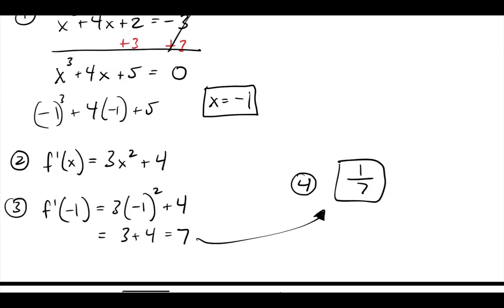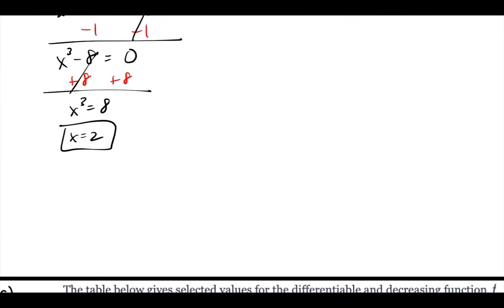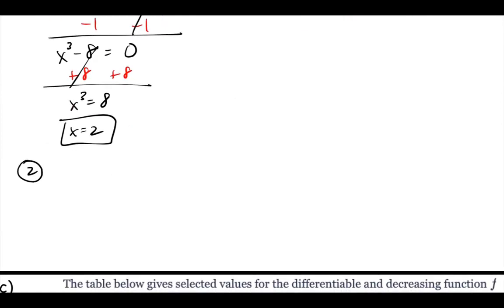But here there's only 1 x, so I just get x by itself. What times itself 3 times makes 8? 2. x equals 2. Step 1, done.